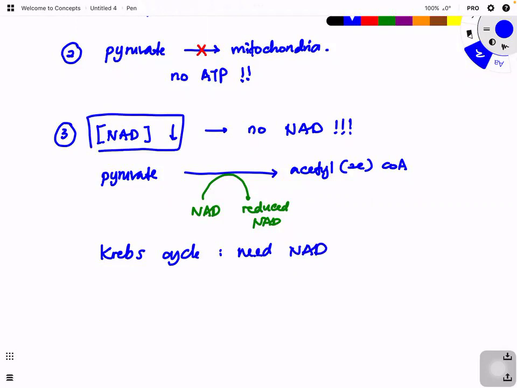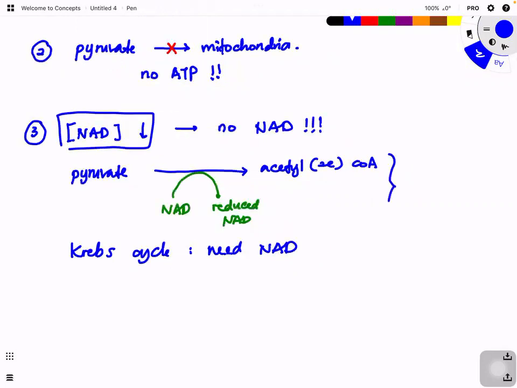Therefore, what will happen? The link reaction and Krebs cycle stop also. So there is no point sending more pyruvate into the matrix. No point. Why? Because we don't have the NAD to oxidize the pyruvate anymore. We have no manpower already.